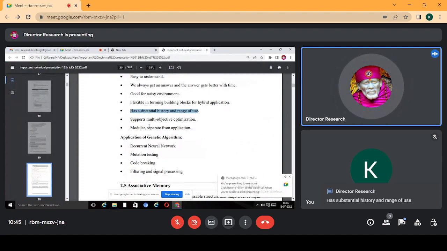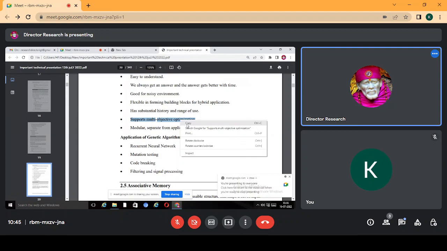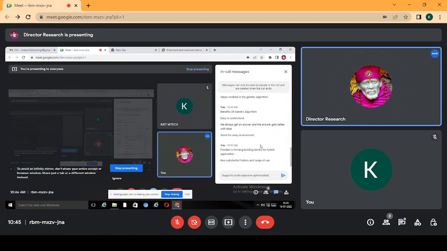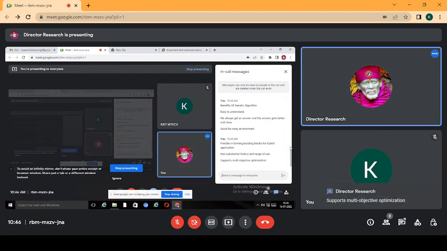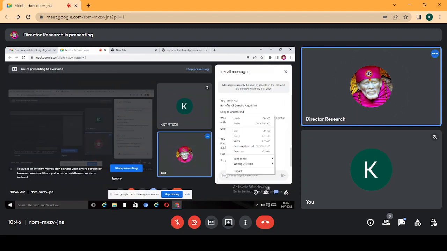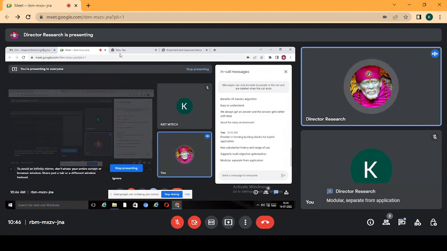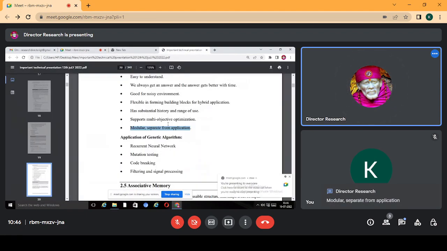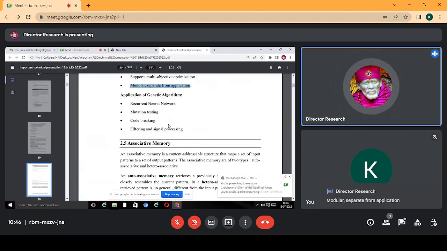Supports multi-objective optimization. Modular, separate from application.